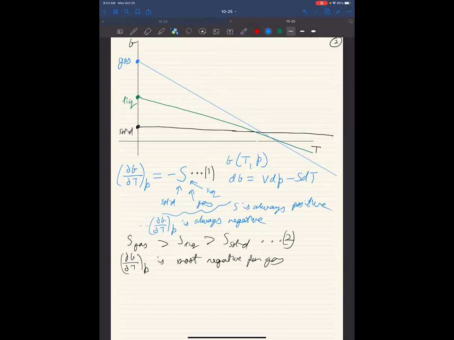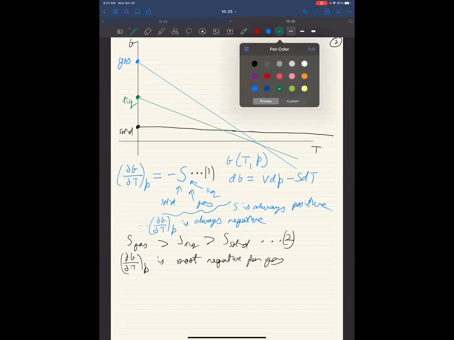So let's take a moment to go back over what we did, and let's do a better job of drawing this curve, so everything is not intersecting in one point. Liquid goes something like this and solid goes something like this. Okay, so there are three curves over here.